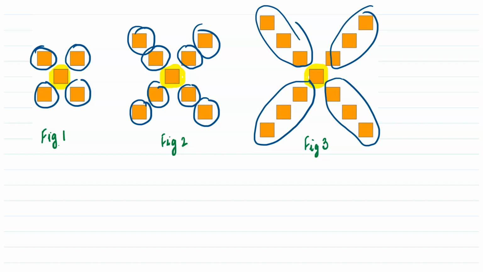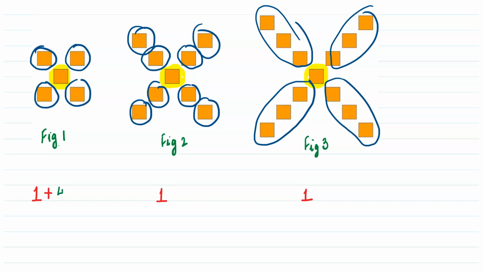So first of all, let's see the tile which is the central tile which is fixed, which is going to be there in every figure. So I am writing 1 here for the central tile. Now, there are 4 corners, and on each corner in the first figure there is 1 tile.